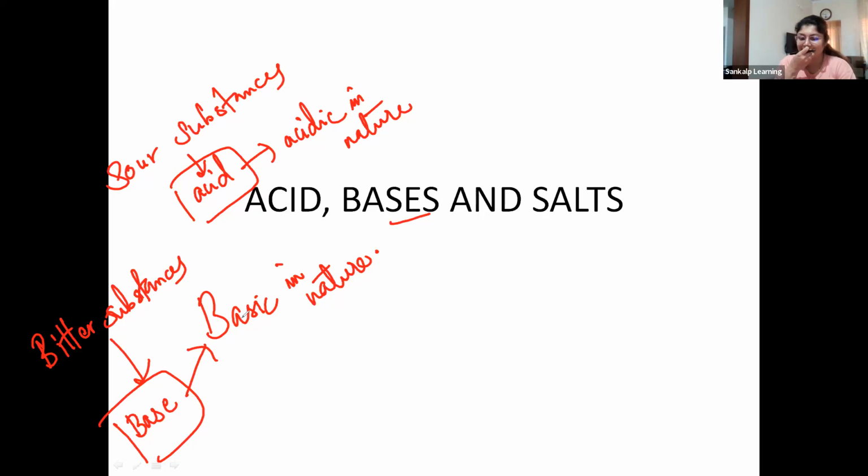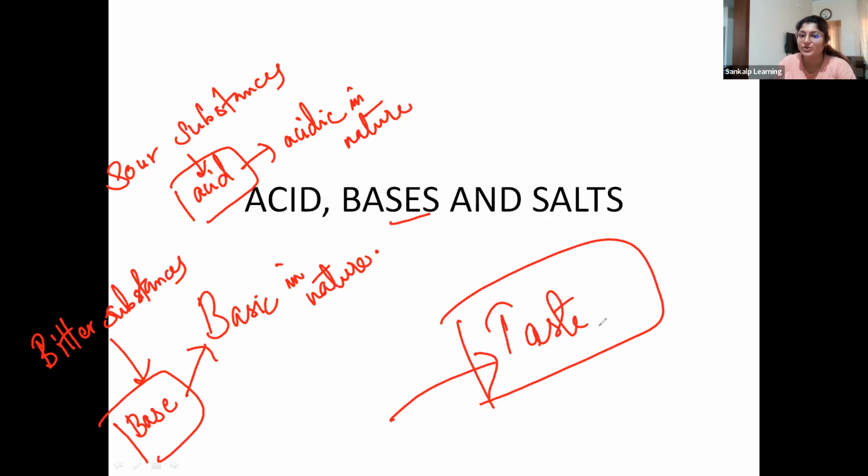Now, because of the taste we could classify that some substances are bitter in taste and some substances are sour in taste.